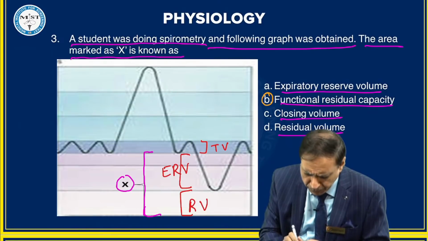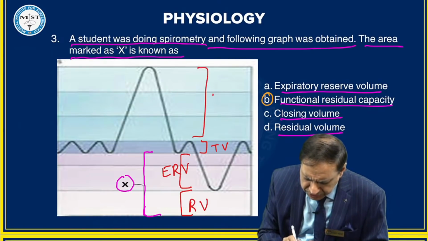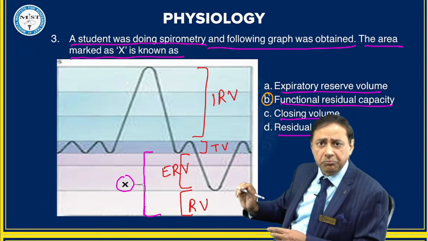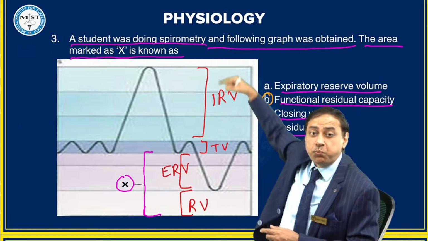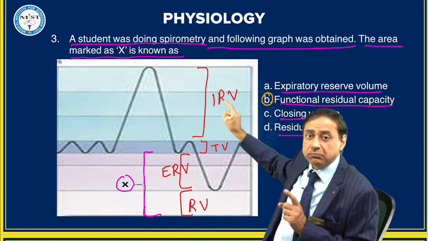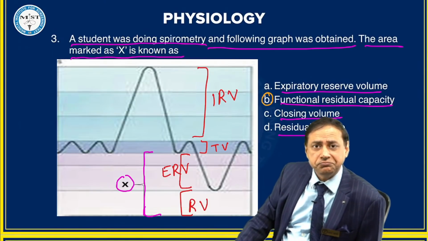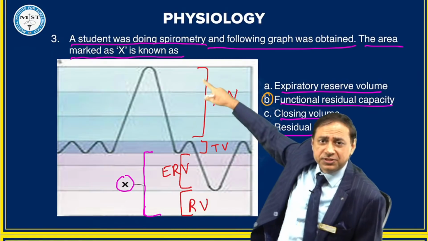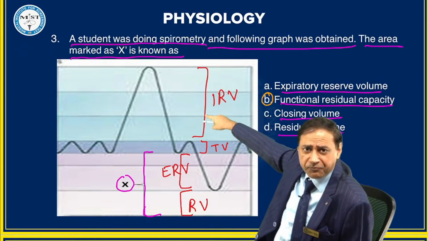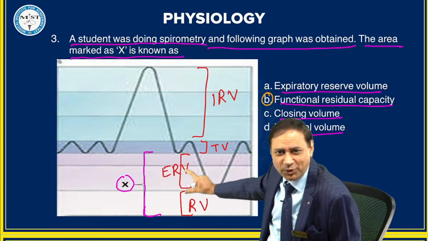And what is this? This is inspiratory reserve volume, the volume you can inspire over and above the normal tidal volume. So inspiratory reserve volume, tidal volume, expiratory reserve volume, residual volume.